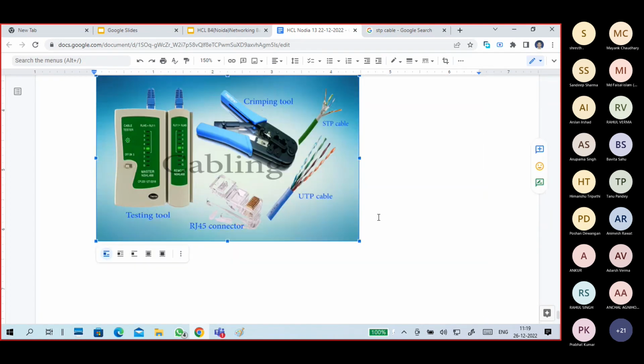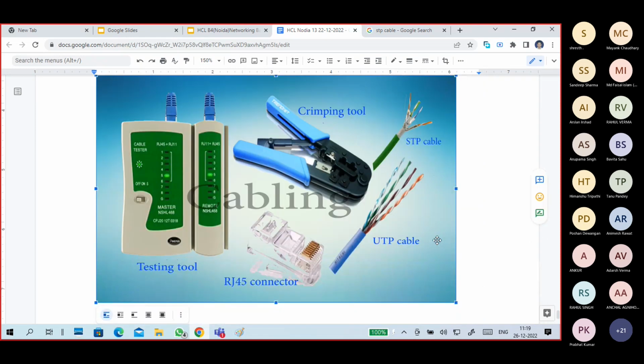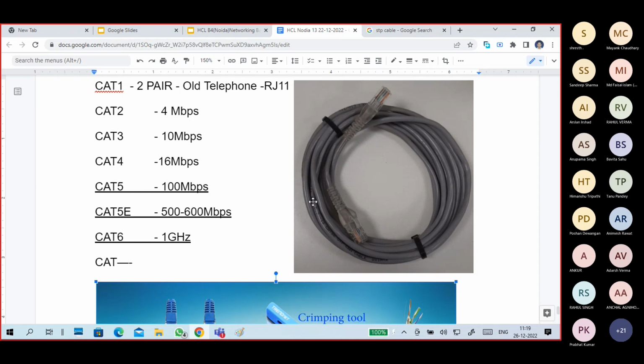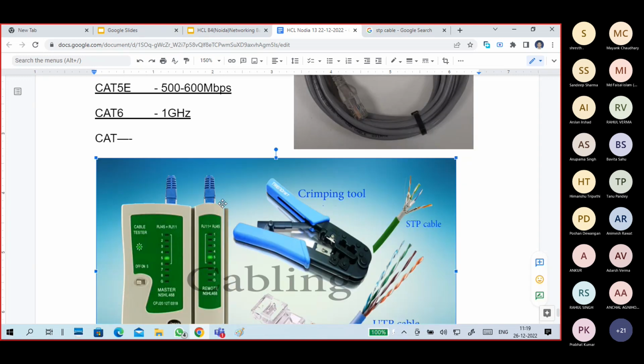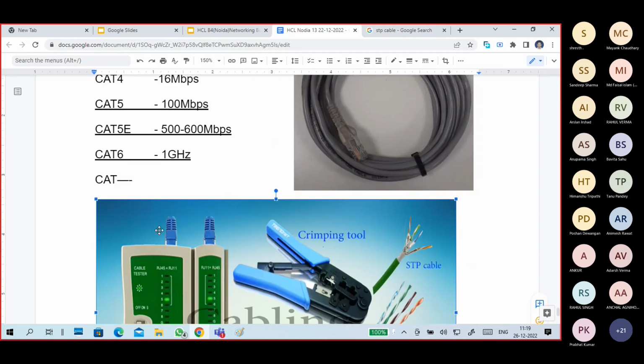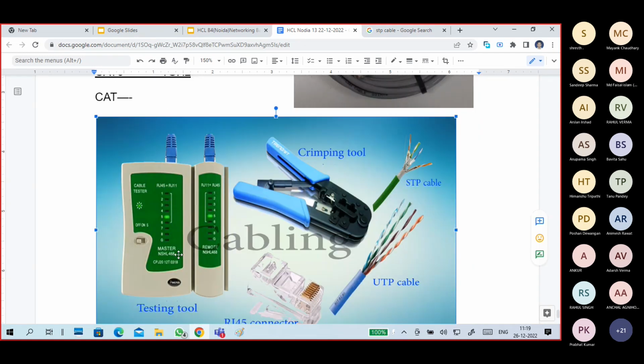These are the different tools we use in networking. This is a tester. Say you created a cable or you have a cable, but there is a problem, the cable is not working internally, there is some damage, or maybe you don't understand why you are not getting connected. So what to do? We take a tester. One end of the cable is connected here, another end here. Then turn on the tester.